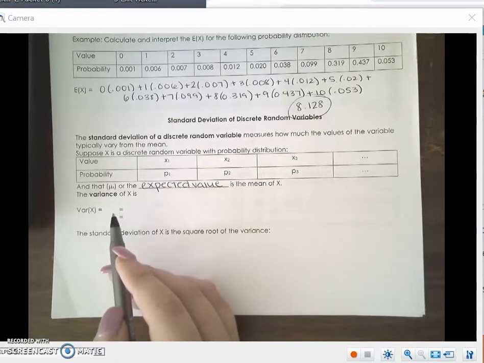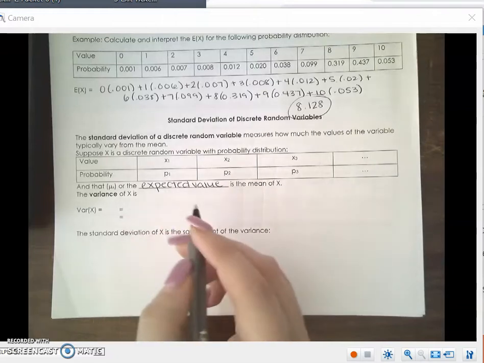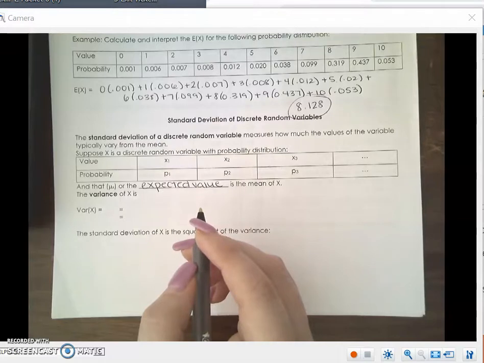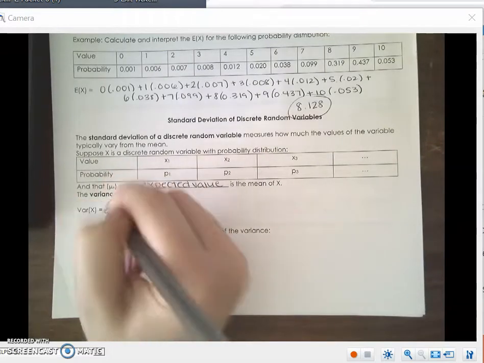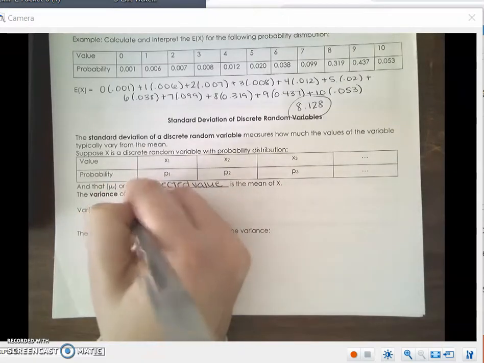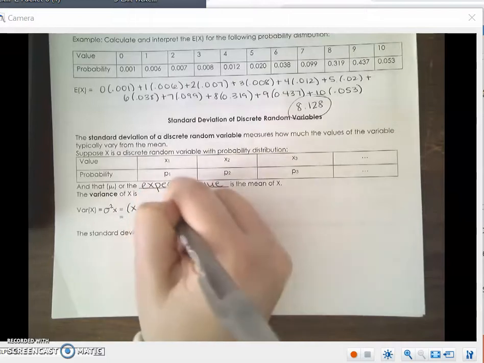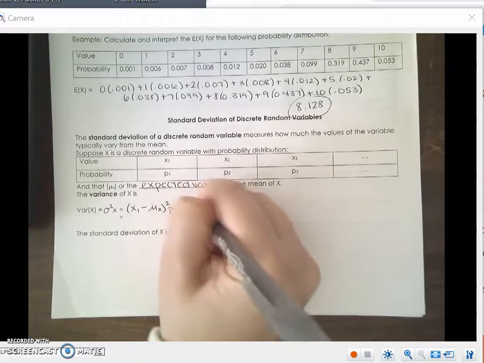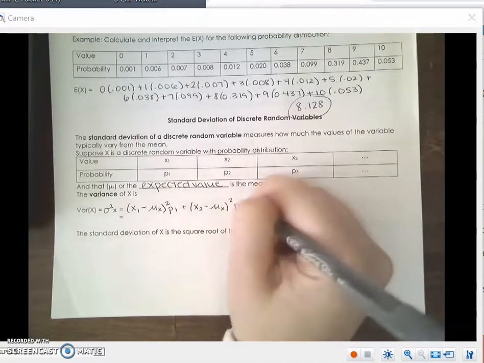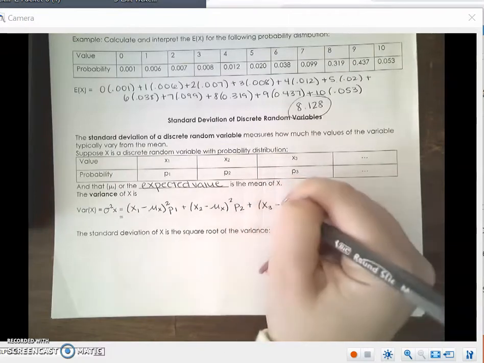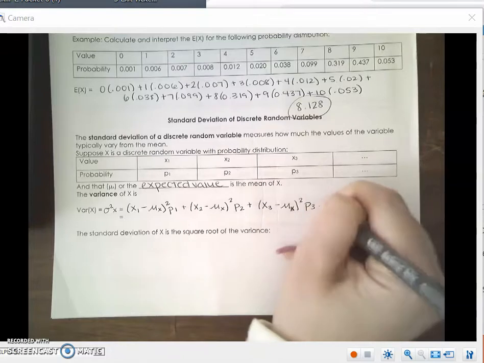So the variance of x is equal to sigma squared of x, which is equal to your first value minus your expected value squared times the probability of your first value, plus your second value minus your expected value squared times the probability of your second value, plus your third value minus the expected value of x, squared times the probability of your third value, and so forth.